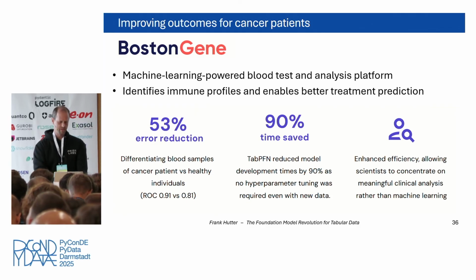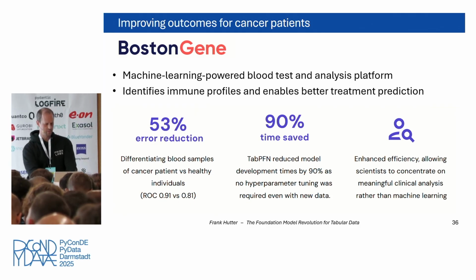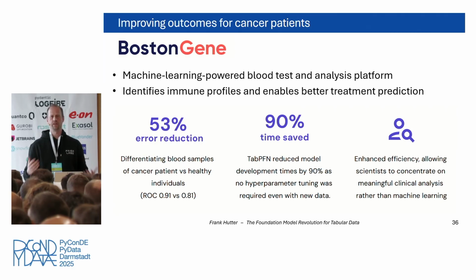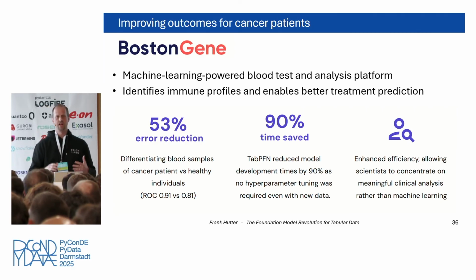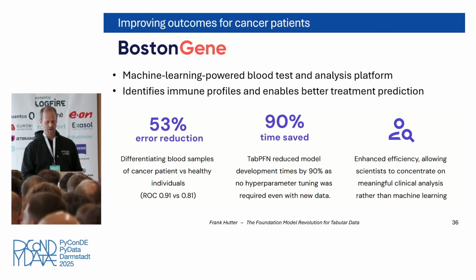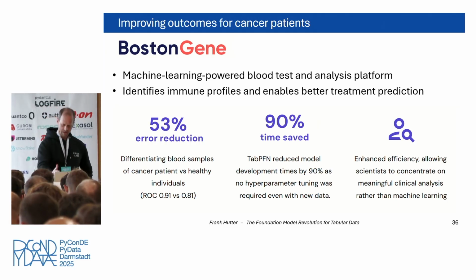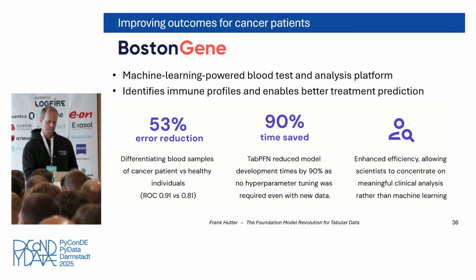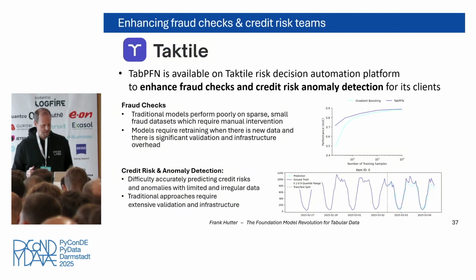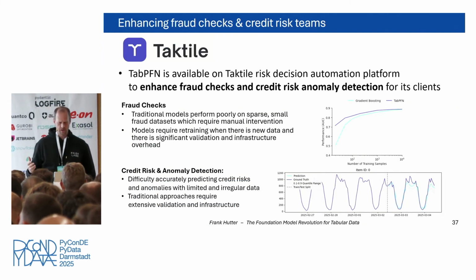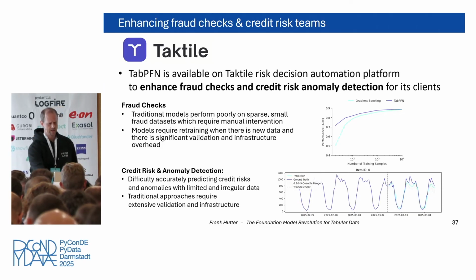So ROC went from 0.81 to 0.91 and saved them 90% of the time, making them 10 times more efficient, and let the data scientists focus on what they wanted to focus on, allowing them to concentrate on meaningful clinical analysis rather than the more boring ML part. Tactile is using it in a risk decision automation platform to enhance fraud checks and risk anomaly detection.